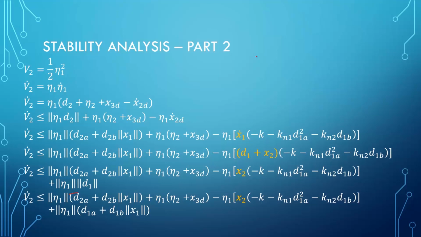So eta 1, d1, and here should be times the bracket of the three terms, but everything in this bracket is a constant. So we just put a constant here, and that constant will go to here.